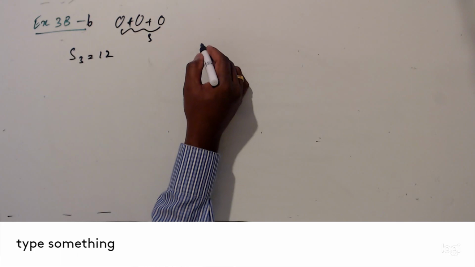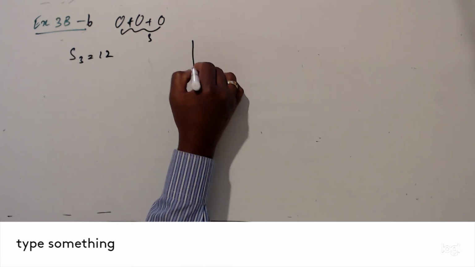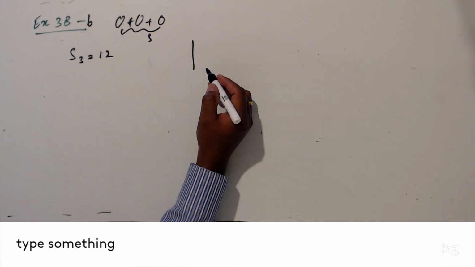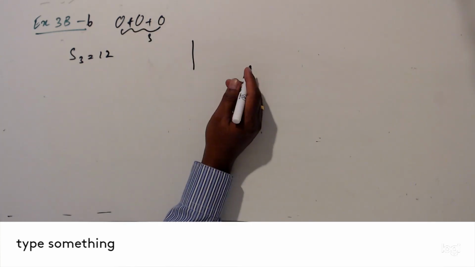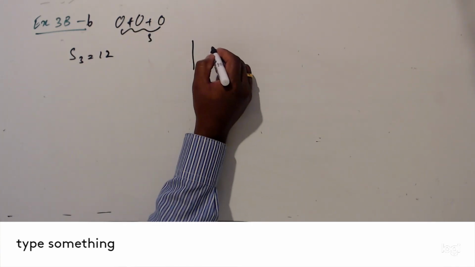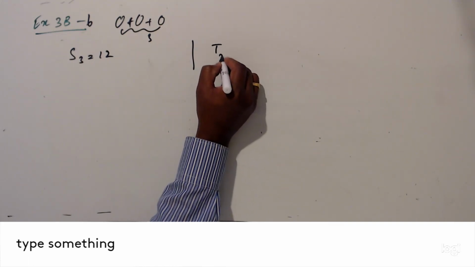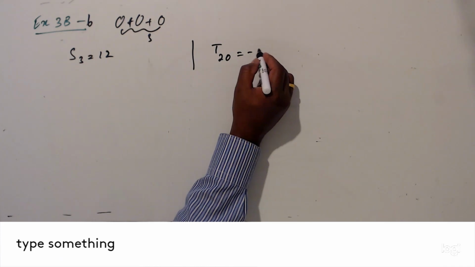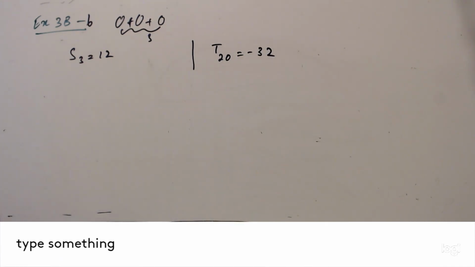The other data given is that the 20th term, T20, is minus 32.